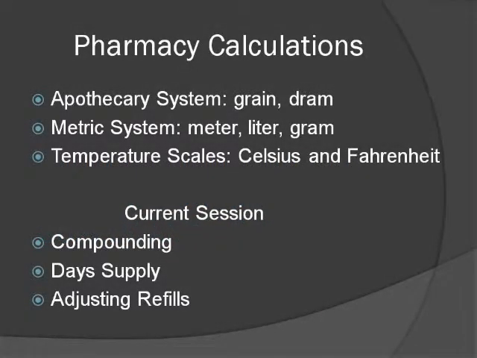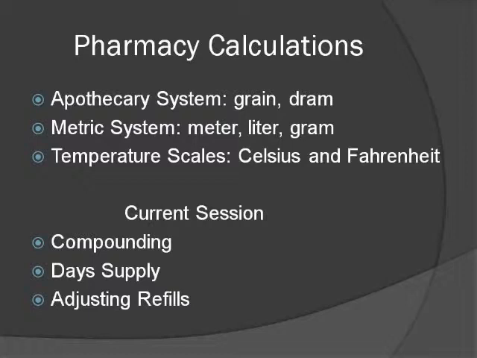So if you remember our last session, we went over the apothecary system and metric, as well as the conversion of Celsius to Fahrenheit or Fahrenheit to Celsius. But in this current session, we're going to cover calculations that you'll experience when you're compounding, like figuring out how many capsules or how many tablets you should be using for one particular order.